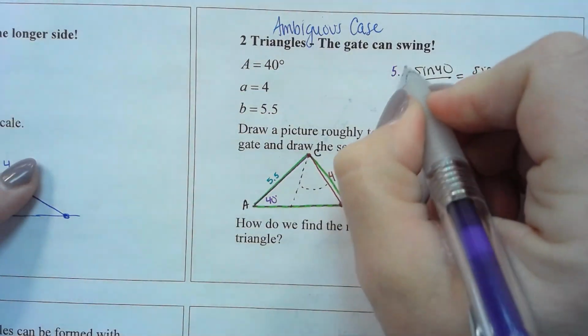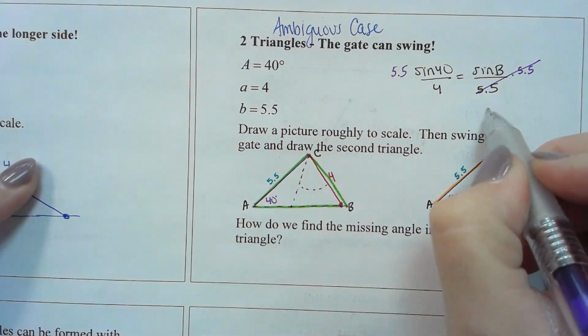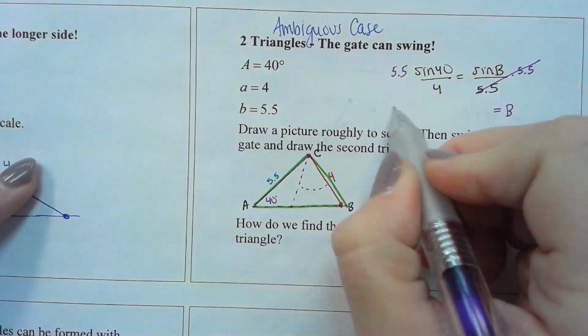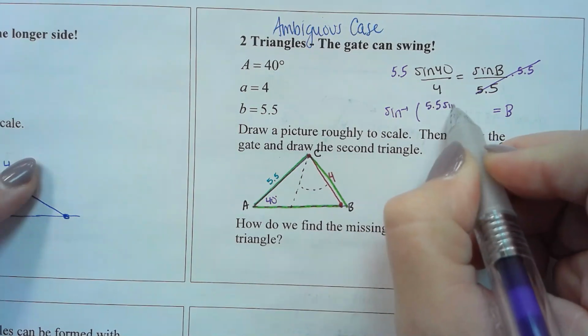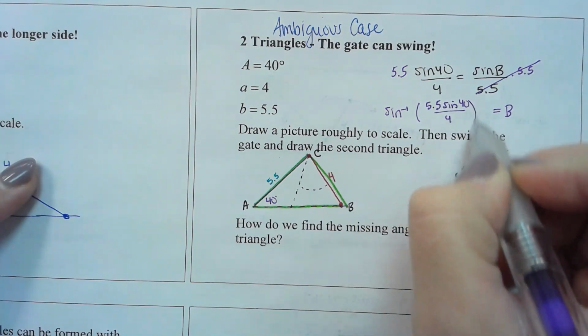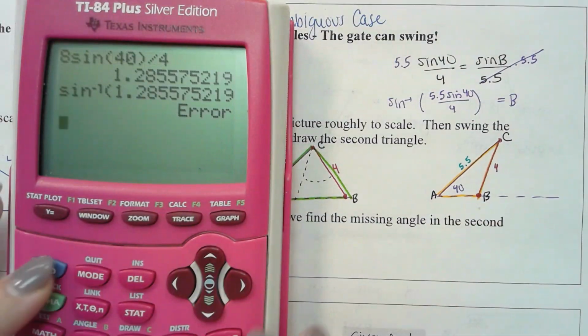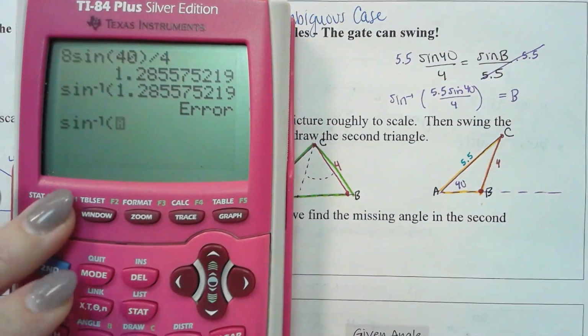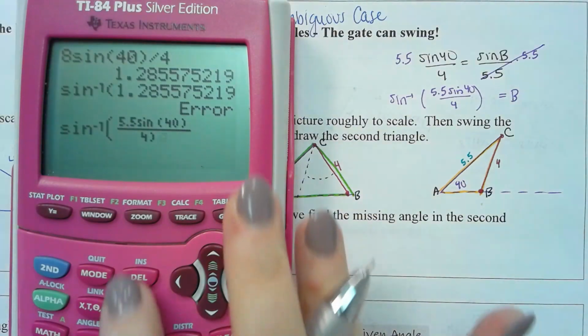And I'm going to multiply that 5.5 to the other side and then take the inverse sine of all of that. And that's where I'm going to grab my calculator. All right, here we go. I've got the inverse sine of 5.5 times the sine of 40 degrees all over 4. Whoops.